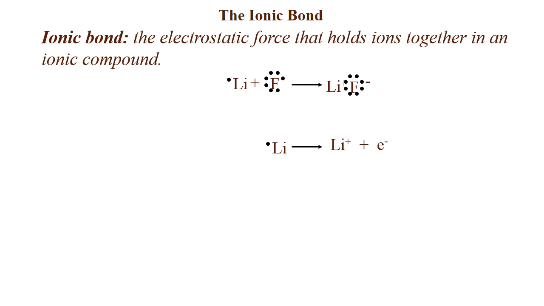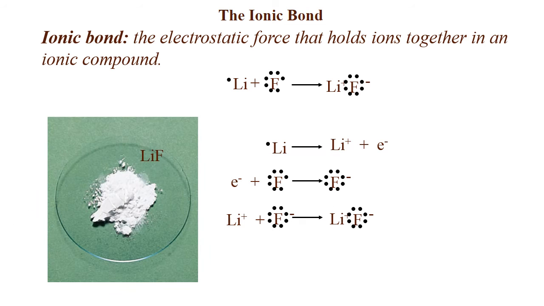So both lithium and fluorine now have noble gas configurations, which is stable. You can say that lithium donates electron and fluorine accepts electron to make ions. Then ions interact to make ionic compound.